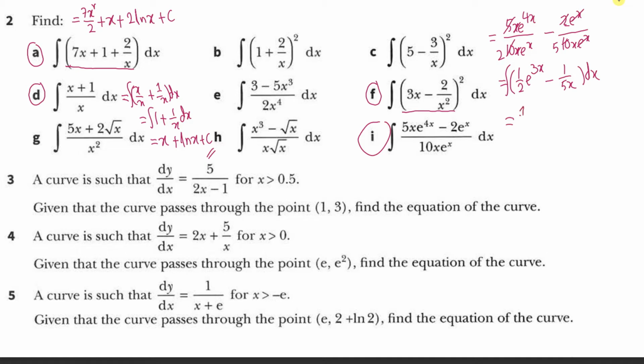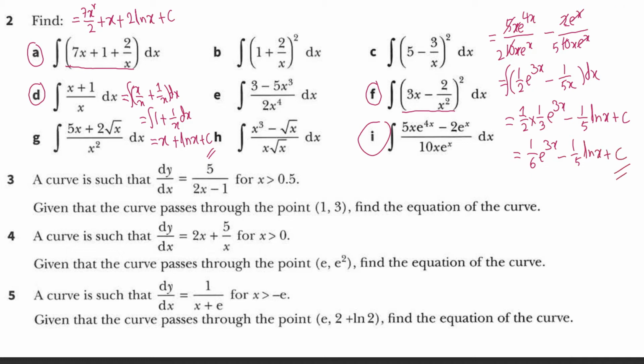So half is a constant, then we need to write 1 by 3, because the coefficient of x is 3, then e to the power 3x. Minus, we can isolate 1 by 5 from 1 by x, then we can write it as 1 by 5 ln x plus c. So the final answer is 1 by 6 e to the power 3x minus 1 by 5 ln x plus c.